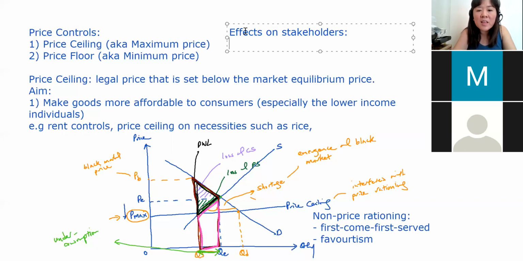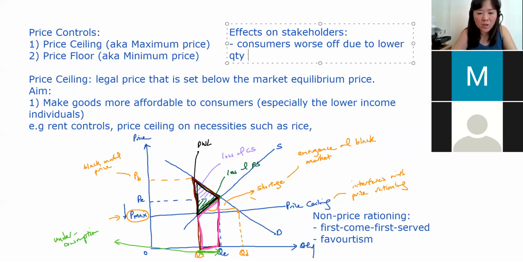For consumers, we know that the price has decreased, but the quantity transacted has decreased. So consumers are, in a sense, worse off, due to lower quantity consumed at QS.